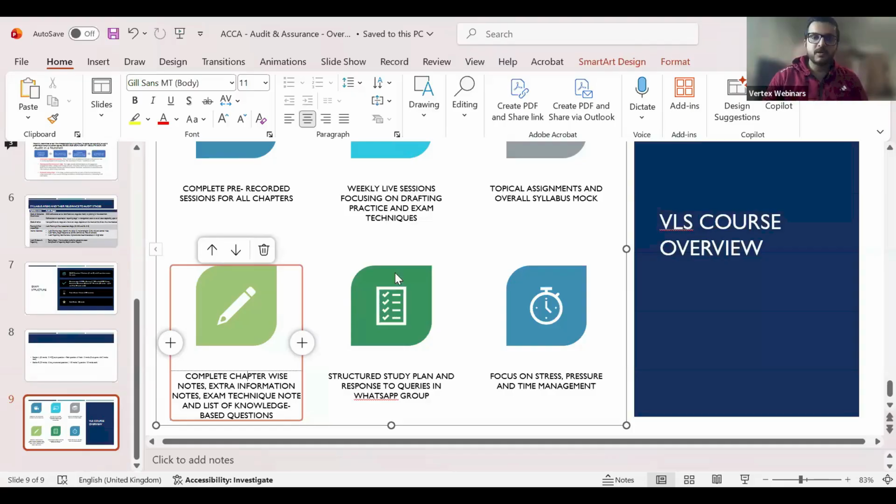Then moving forward, we have got a structured study plan and response to queries in a very active WhatsApp group. I'm sure many of you are already present in the WhatsApp group. I highly encourage students to raise queries and questions there. Just because we will be interacting once a week in the live session doesn't mean that that's the only mode of communication available to you. We are geographically very distant from each other, quite diverse, and based in different countries.